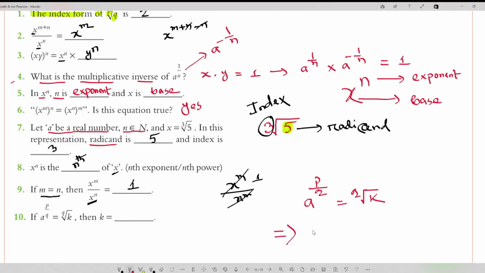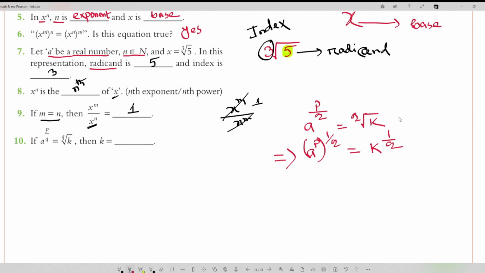We can write a to the power p to the power 1 by q, and on the other side k to the power 1 by q. Now in an equation, once the powers are the same, the bases will be equal, therefore a to the power p equals k. So k equals a to the power p, and this is our answer.